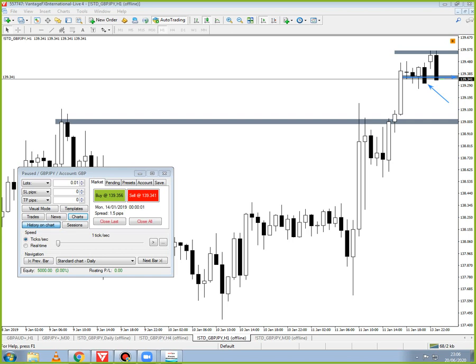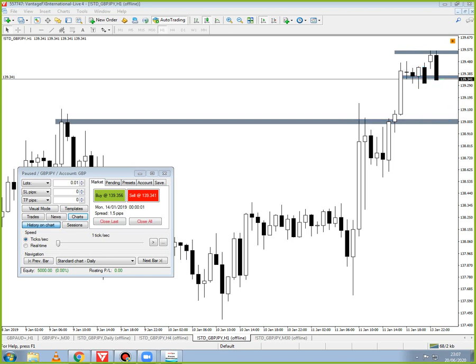Then it looks like we had a market gap up into this area here, and since market open we've held resistance at this level, and the candles are starting to come back down. So maybe this is going to be that 4-hour retest of this resistance over here. That's what might happen from the 1 hour.